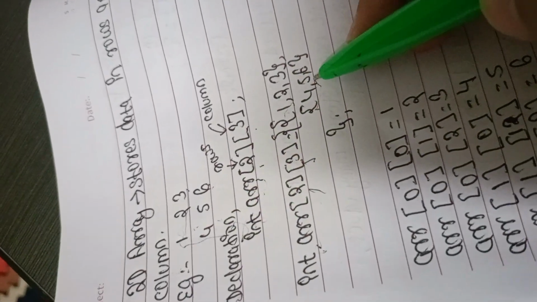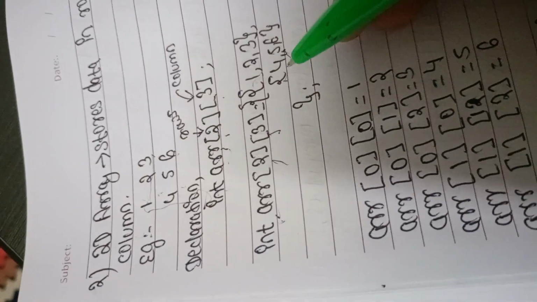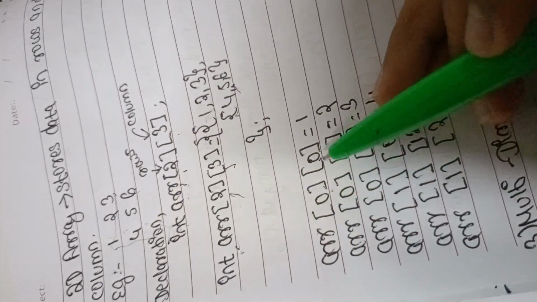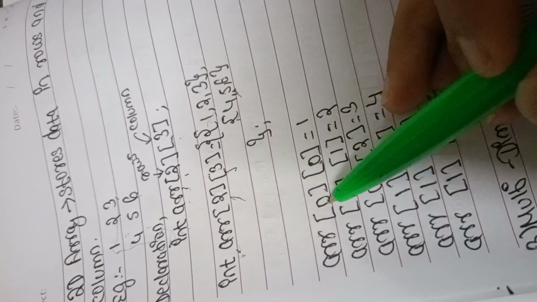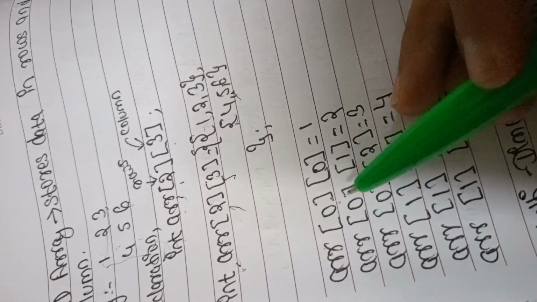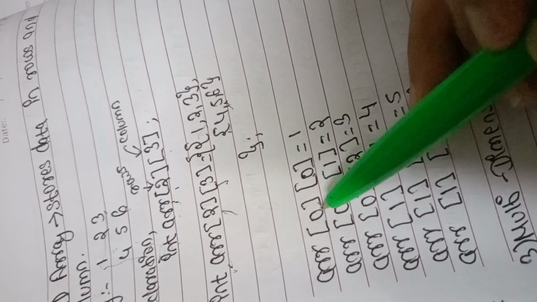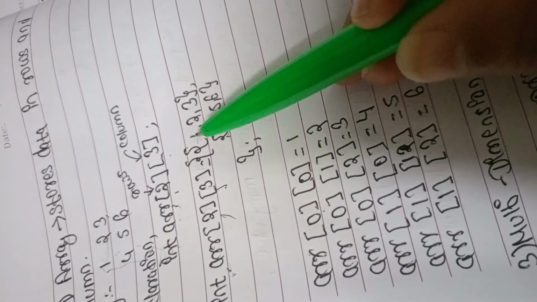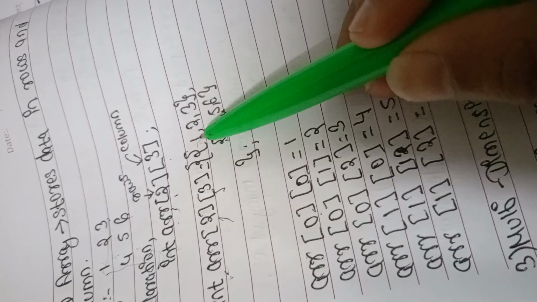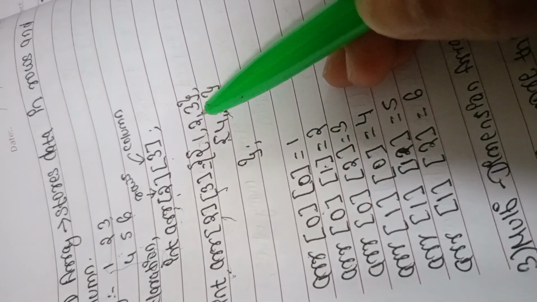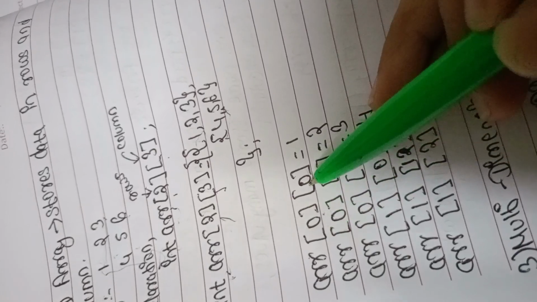Right? So how it is going to be stored in memory is, first of all, array 0 and 0. As we said, all array indexes start from 0. So 0 and 0 means 1, right? And 0 and 1 means 2, because this is the row and this is the column.